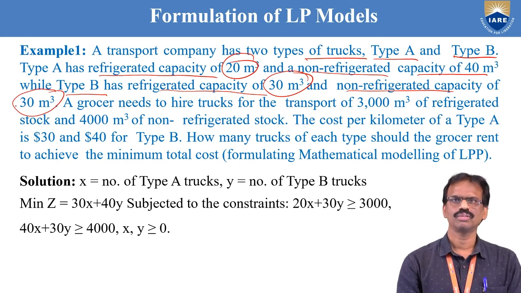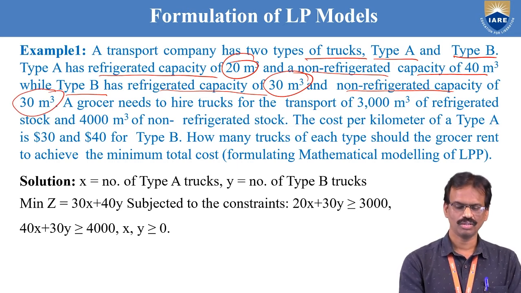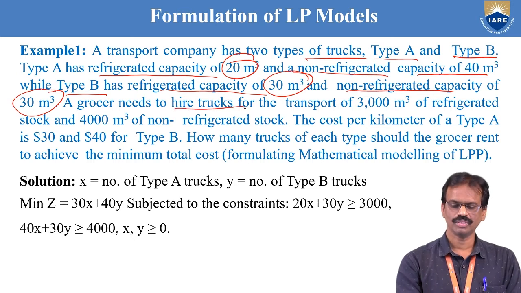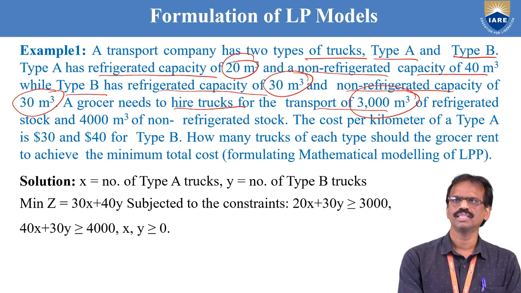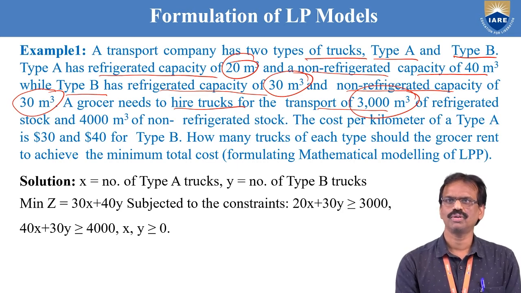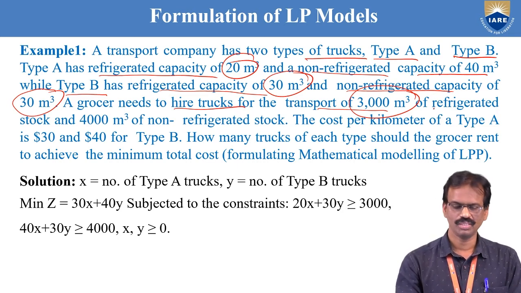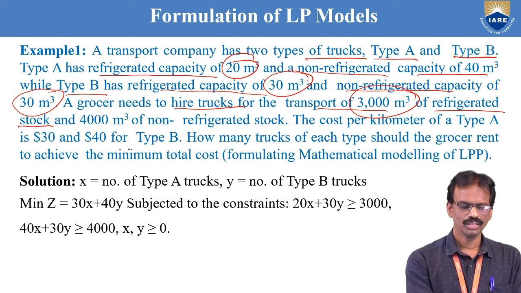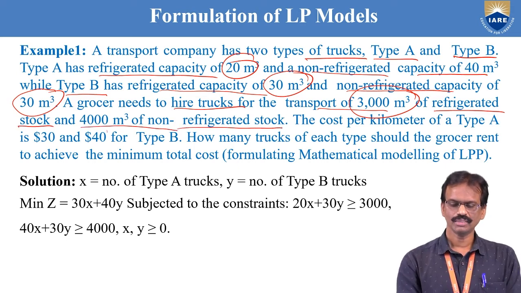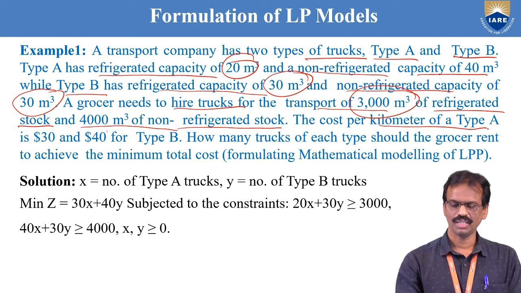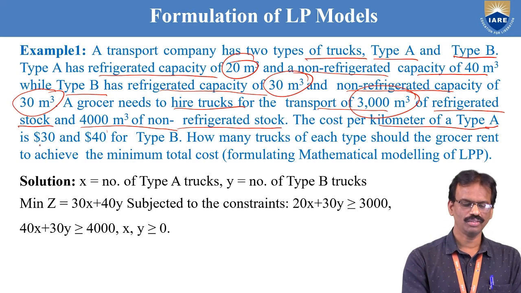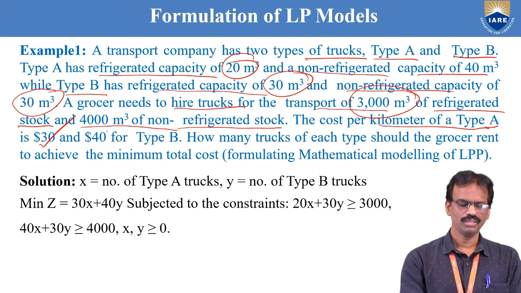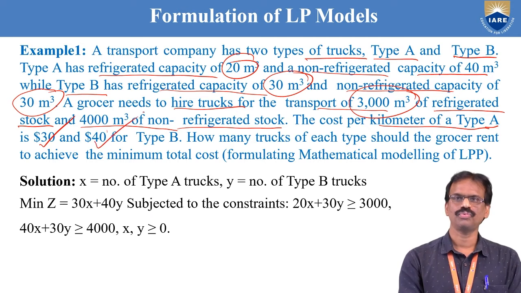A grocer needs to hire trucks for the transport of at least 3000 cubic meters of refrigerated stock and 4000 cubic meters of non-refrigerated stock. The cost per kilometer of truck A is $30, and for B is $40.